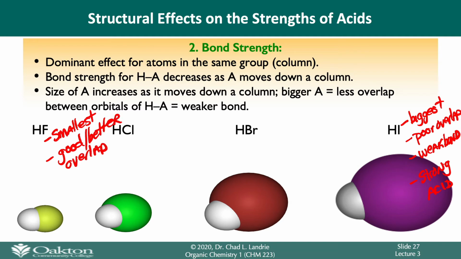Better overlap means stronger bond, and a stronger bond to hydrogen means a weaker acid. And then we could do the same analysis for those in between. So if we're just looking at the acids of group 7 in the periodic table, it looks like acidity is increasing as we move down the periodic table. HF is the weakest, HI is the strongest.